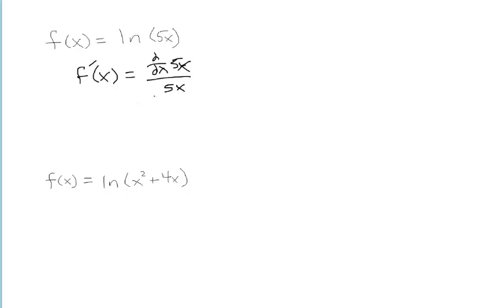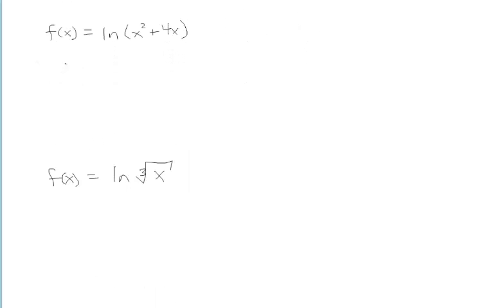And the derivative of 5x is 5. So we get left with 5 over 5x, which could be simplified also to 1 over x. The 5's cancel.